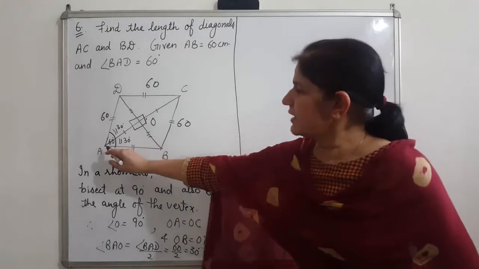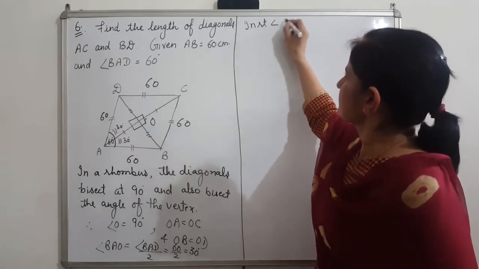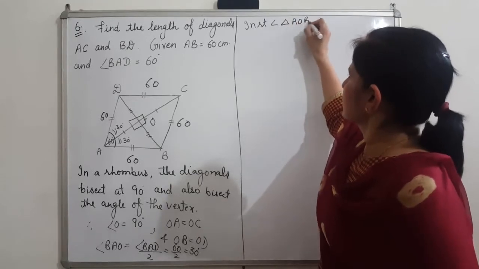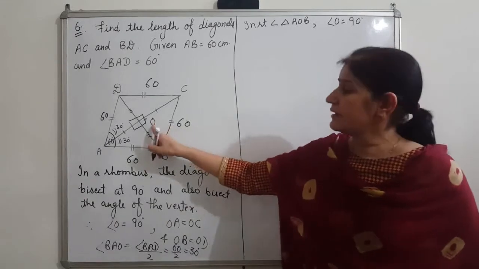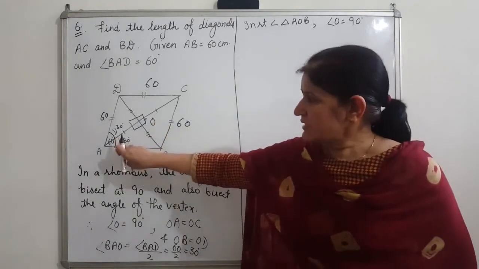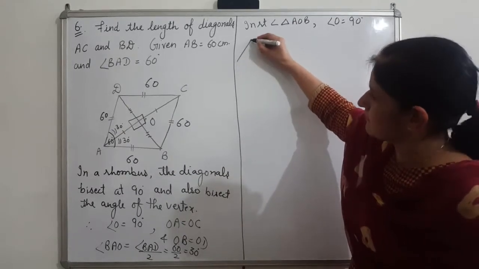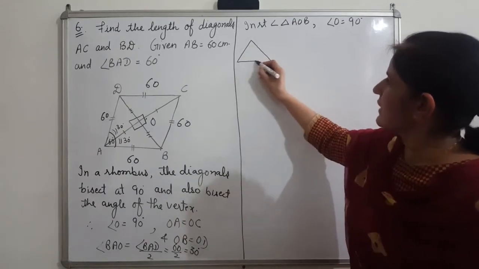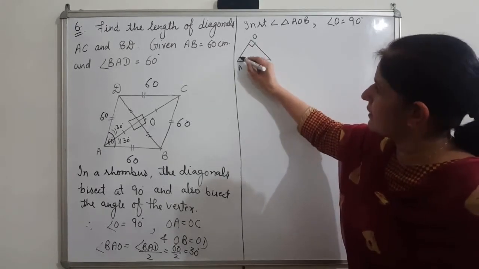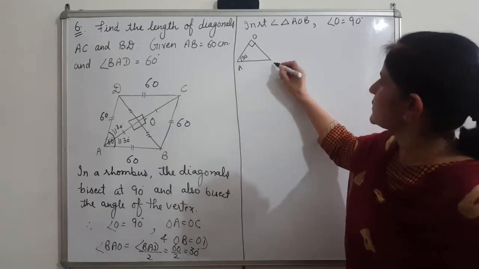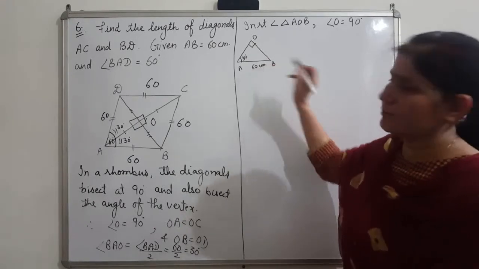So in right angle triangle AOB, angle O is already 90, as we have written here. Now see, if you draw the triangle separately, it is somewhat like this. This is angle O, this is A, 30 degree, this is point B and this is given 60 centimeter.